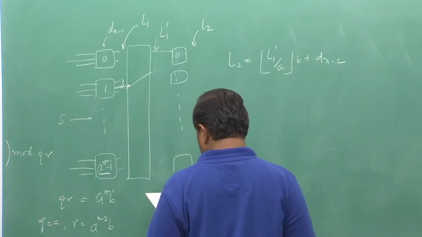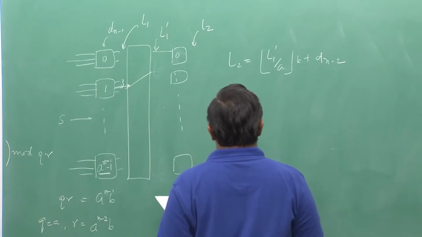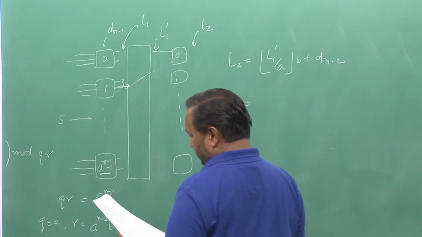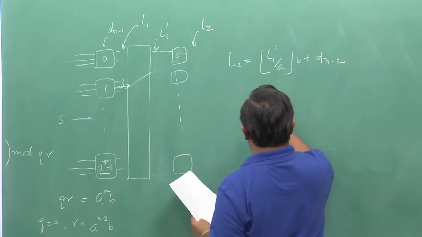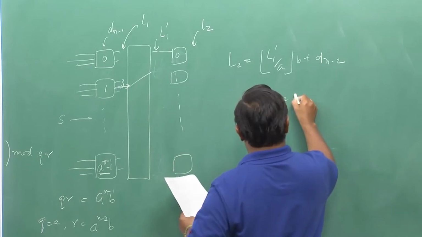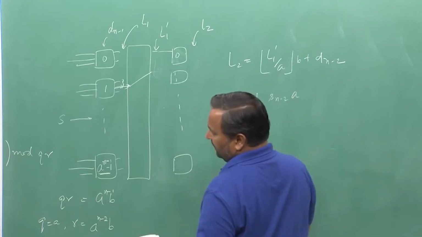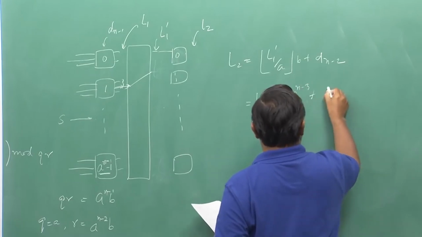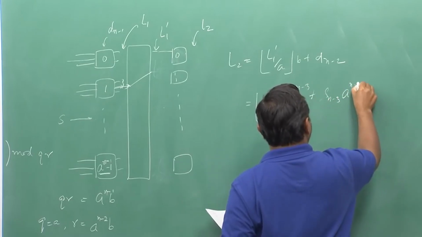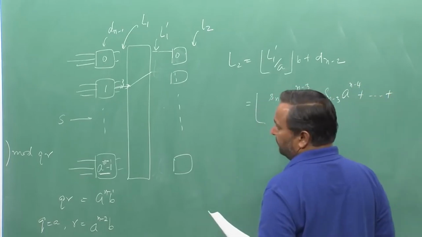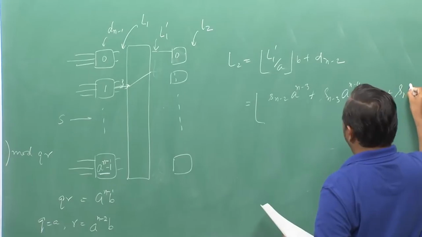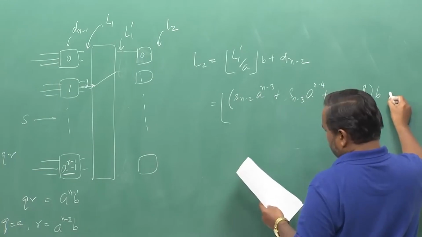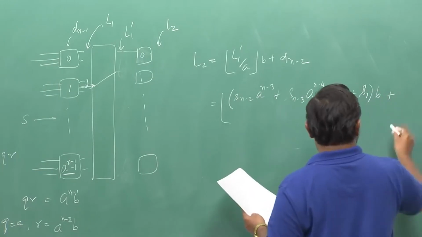Okay. So, I can take the L1 prime from there and put it. So, I am dividing by A, so it will become Sn minus 2 A n minus 3 and S1, Tn minus 1.